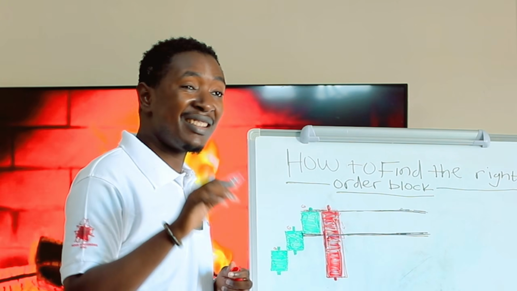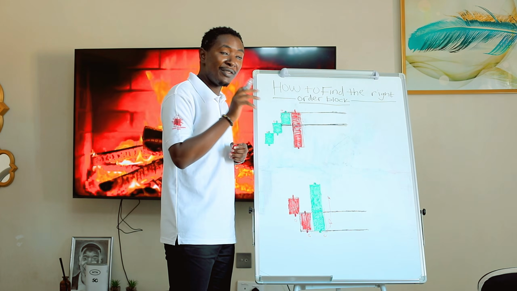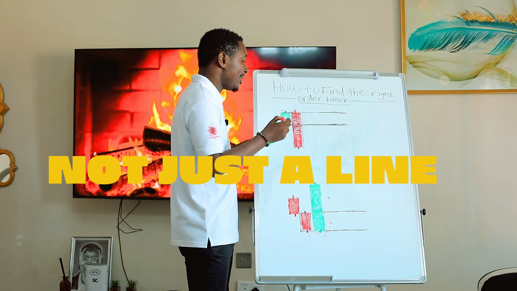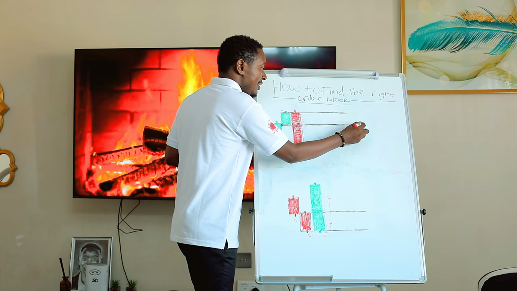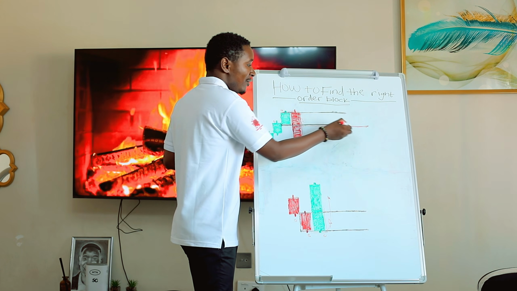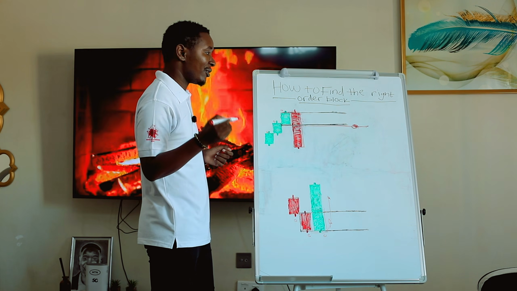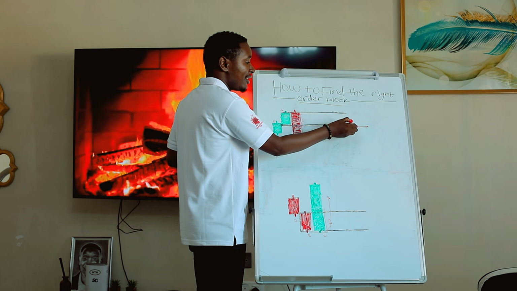Number three, understand that the area of an order block, or an area of supply and demand, is not just a line. So many people just put a line like this and say, once it reaches here, I'm going to sell. No, some moments it can enter inside.